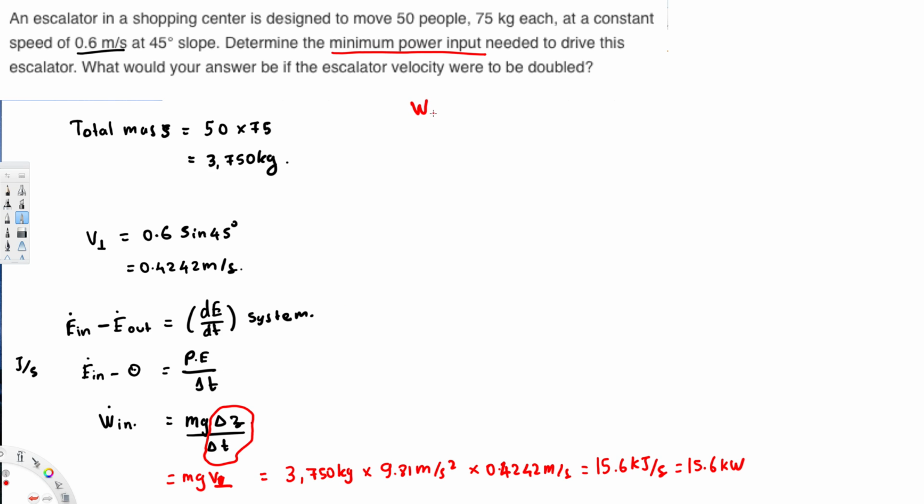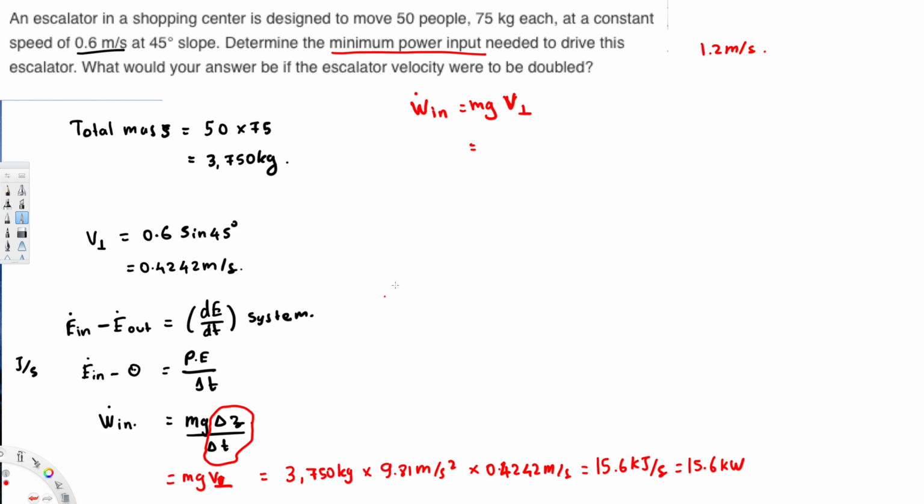So here we are going to have the new W in, that is equal to m g times the vertical component of V. Instead of using 0.6, we are going to use 1.2, because they are saying the velocity were doubled, right? So we are going to double this velocity, and that's going to be 1.2 meters per second.